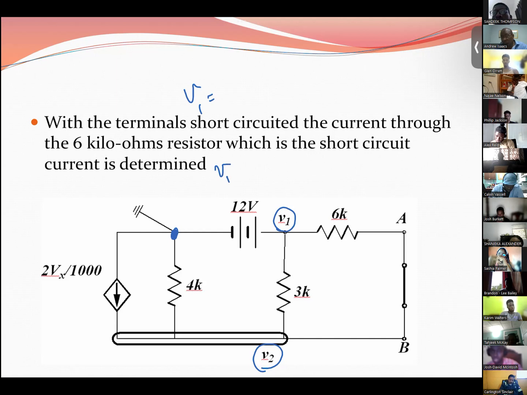So V1 minus 12. And where do we end up? 0. What is V1? V1 is 12.